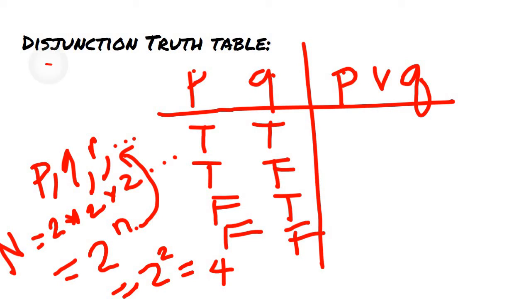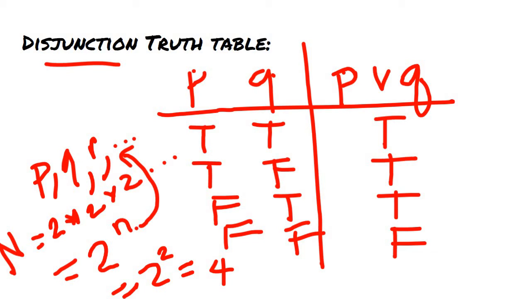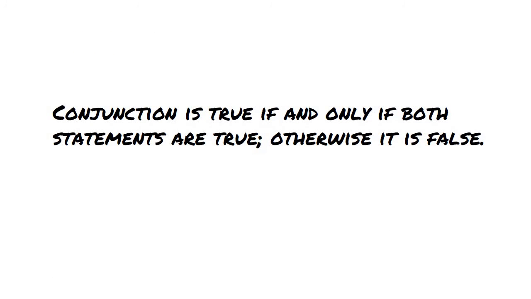With disjunction, this is true the moment that we have a true input, and it is false when both propositions are false. For the conjunction, this is only true if both statements are true.